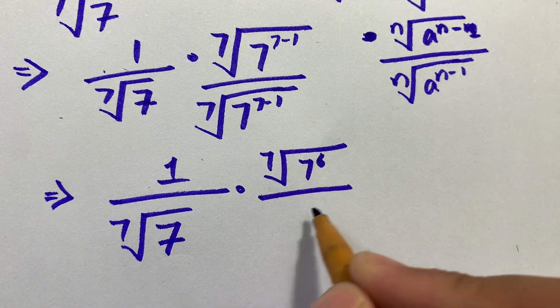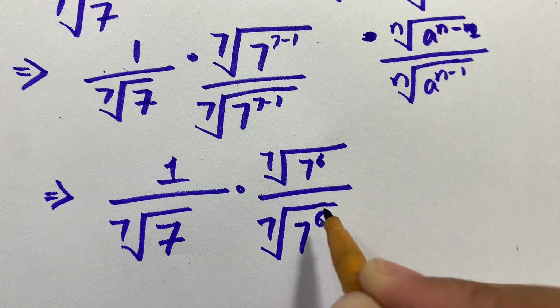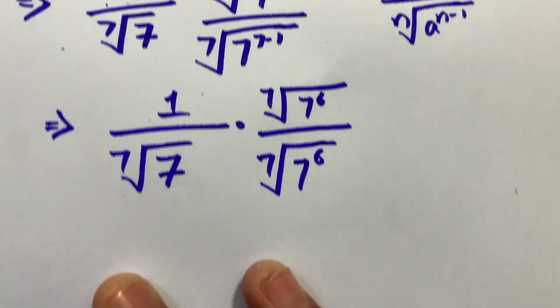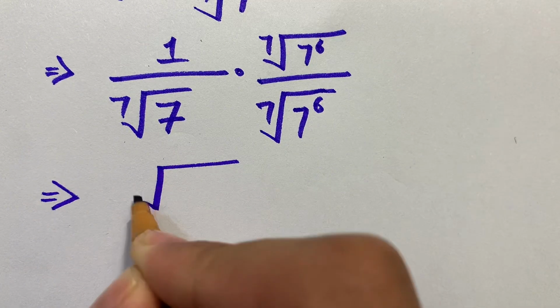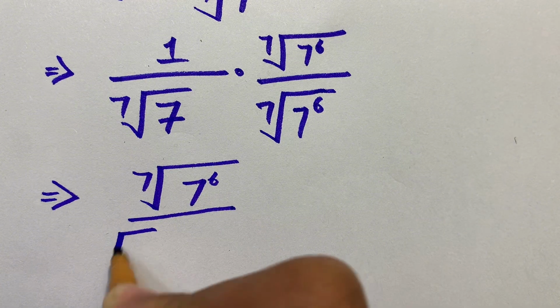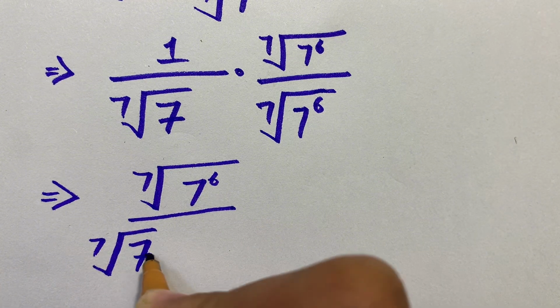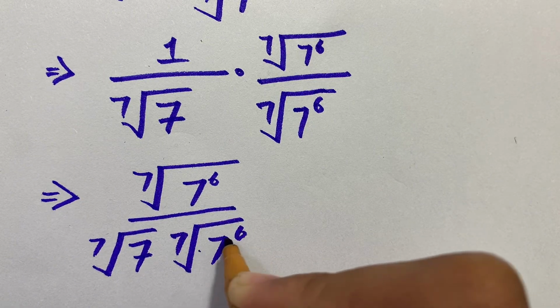7 minus 1 is also 6. 7 power 6. This will be 7 power 6 divided by 7 into root 7, 7 into root 6.